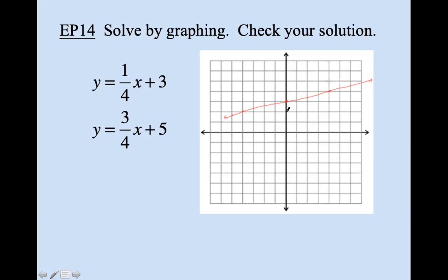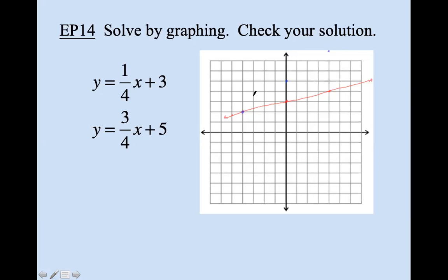So 1, 2, 3, 4, 5. Our slope, we're trying to go up 3 and over 4, which is kind of going off the charts here. Okay, so if I can't really go up 3 and over 4, I can go down 3 from here and 4 to the left.